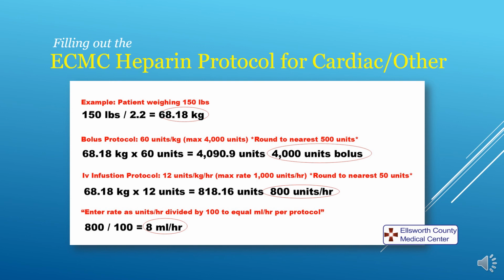Rounding it to the nearest 50 units gives you 800 units per hour. Enter the rate as units per hour divided by 100 to equal milliliters per hour per protocol. So 800 divided by 100 equals 8 milliliters an hour. We will enter the circled amounts onto the protocol sheet.